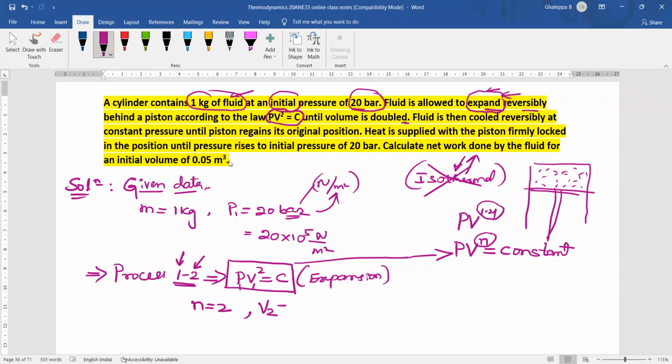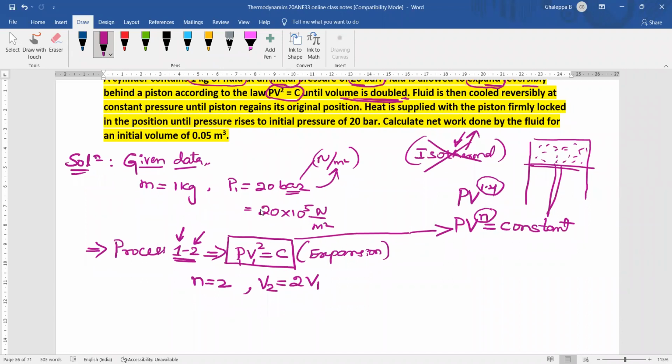Volume at end of the process V2 is 2 times of volume at the initial, means until volume is doubled. So volume at the end of the process is 2 times of volume at the beginning. That is what it means.